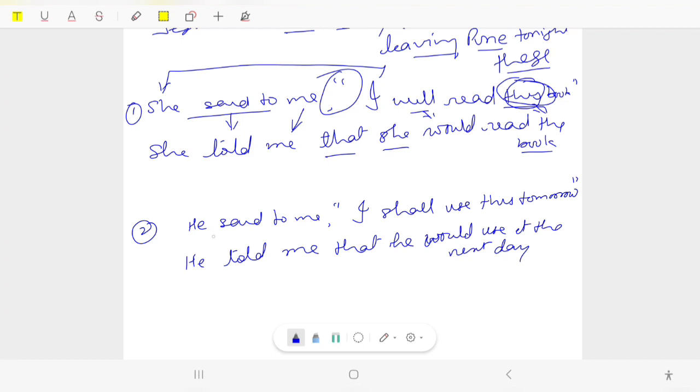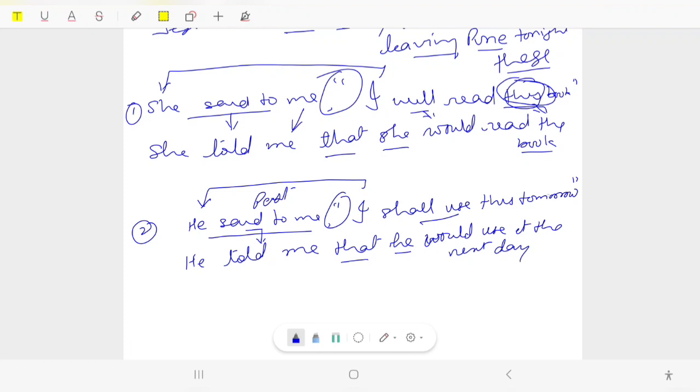Have a look at the next example. He said to me, "I shall use this tomorrow." "He said" became "told me," inverted commas removed, and "that" is used; the first person pronoun changes according to the subject, so it became "he." Because it is in past tense, the tense of this part is changed. "Shall" became "should" or "would."